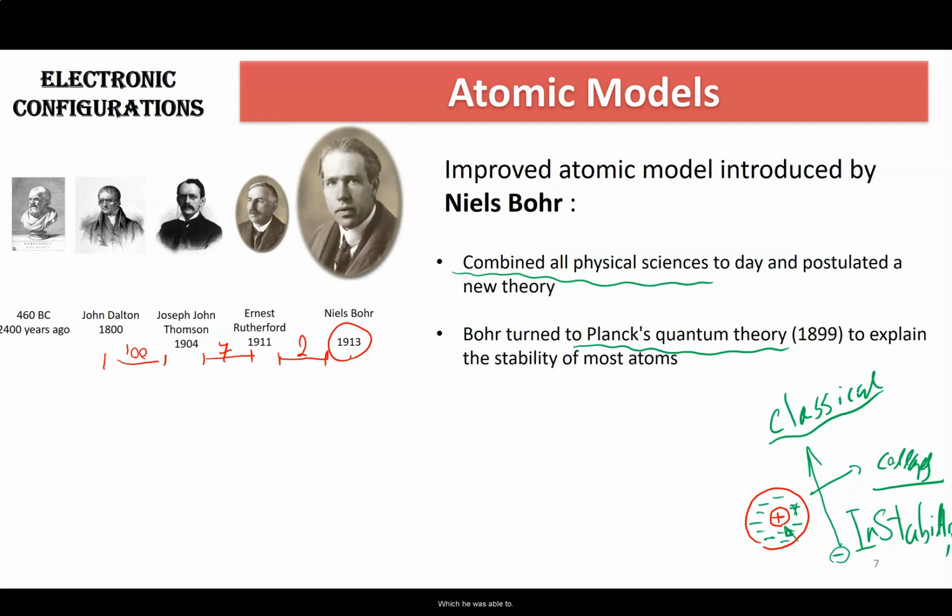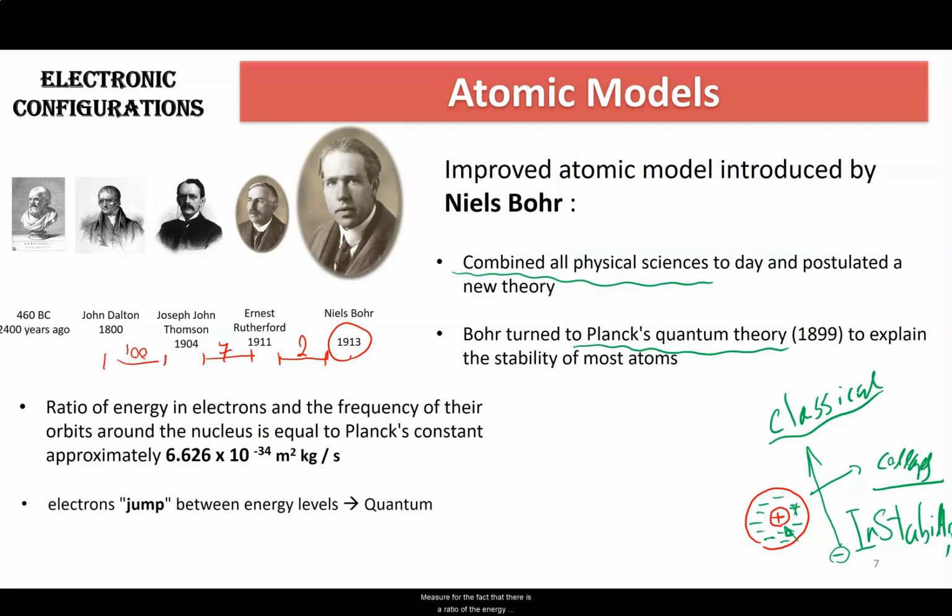What he was able to measure was that the ratio of the energy of the electrons to the frequency of their orbits around the nucleus was equal to a number called Planck's number, or Planck's constant, and it's a very weird number.